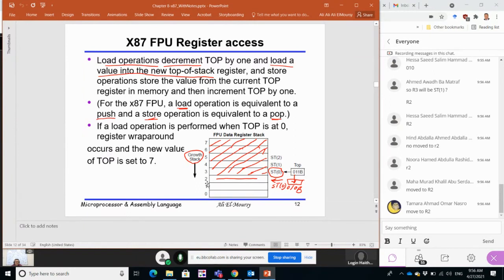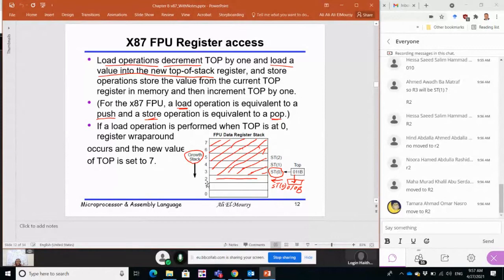So after the load instruction, when I have an instruction that uses ST0 as a name, it is now the new top of the stack. So ST is the dynamic naming for the registers.